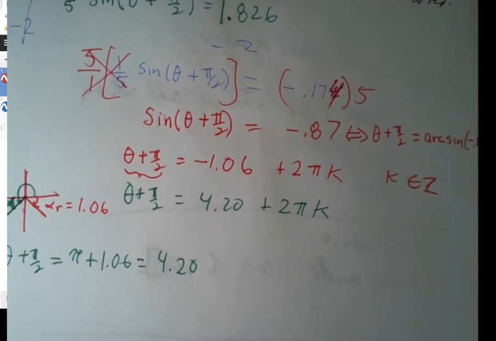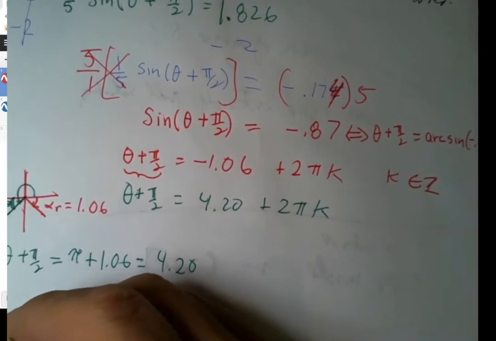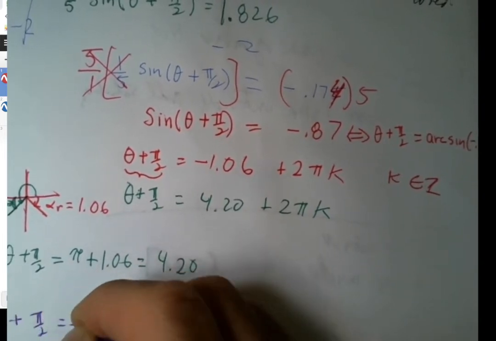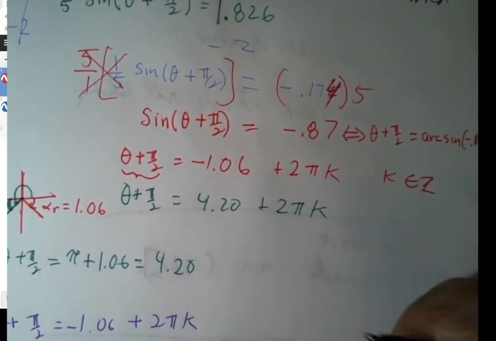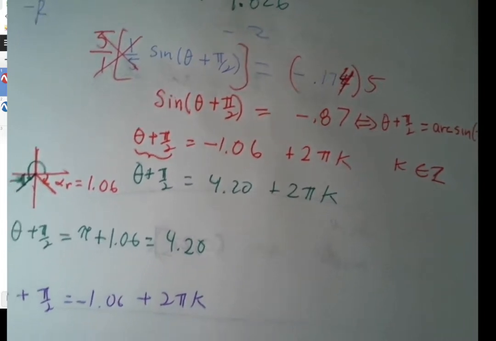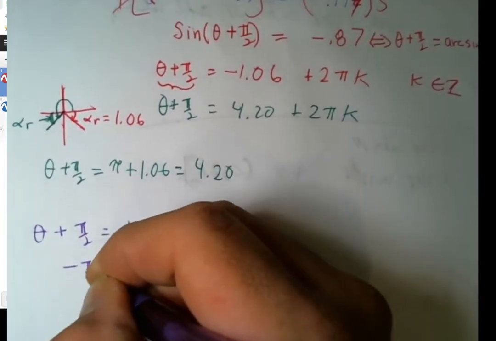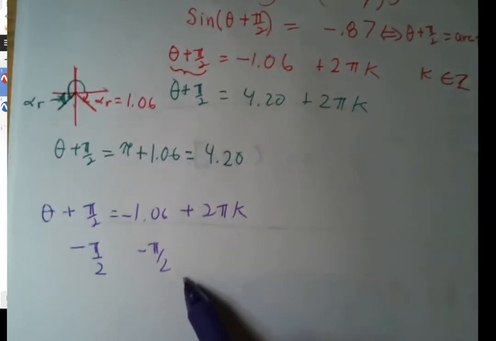So let's work with one equation at a time here. We have theta plus pi over 2 equals negative 1.06 plus 2 pi k. And then I'll solve for theta here. I do that by subtracting pi over 2. In this case, these are both negative.